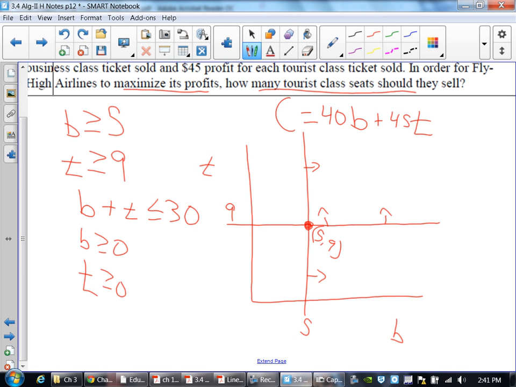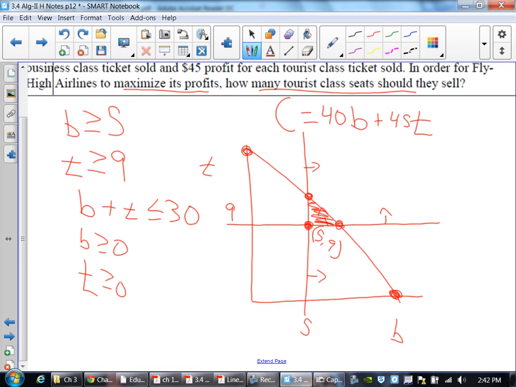Starting to look similar to the ones you were working with yesterday where you had that boundary between 0 and 60, 0 and 40. Same kind of idea here. X and y intercepts of 30. And this time it's moving inward, so you get this little triangle in here.